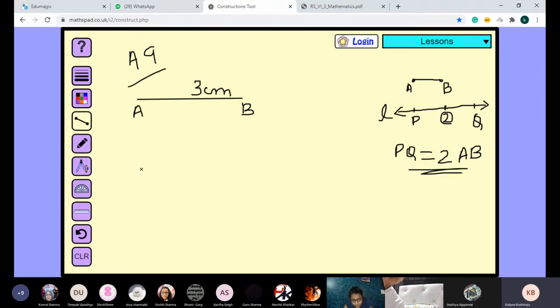Now after that you will draw a line L. So I am making a line L, and on this line L, I am going to make a section PQ. We are going to obtain PQ such that PQ is double of or twice of AB. Okay. Up to this point, it is clear to everyone?